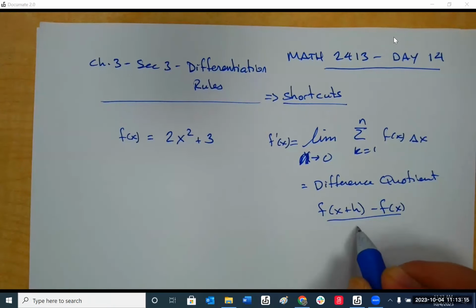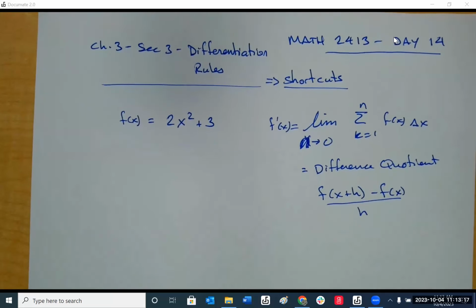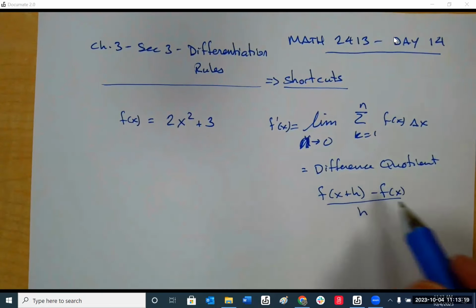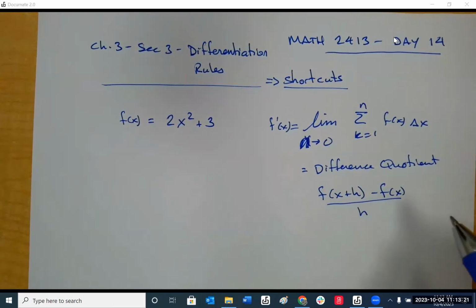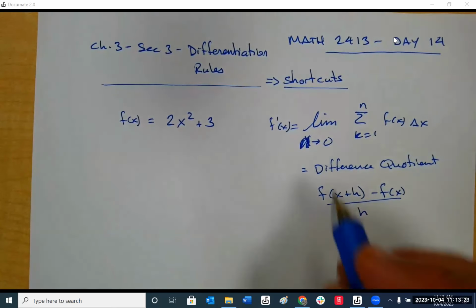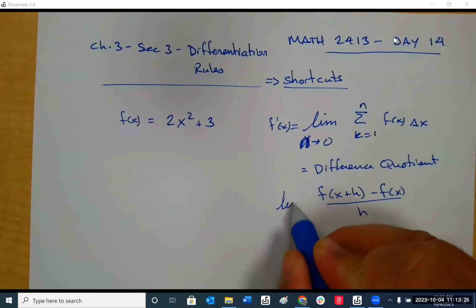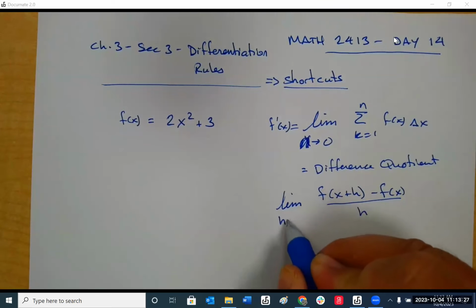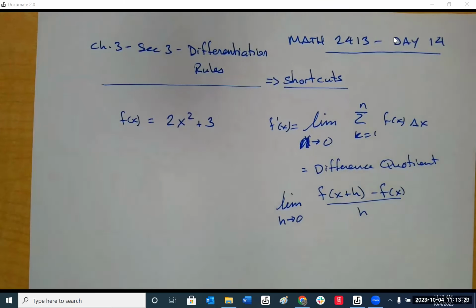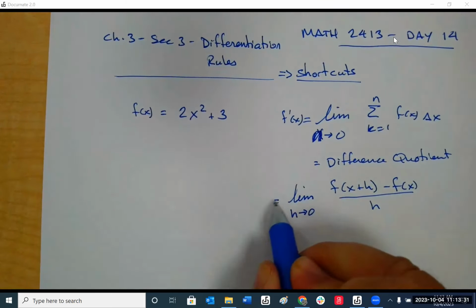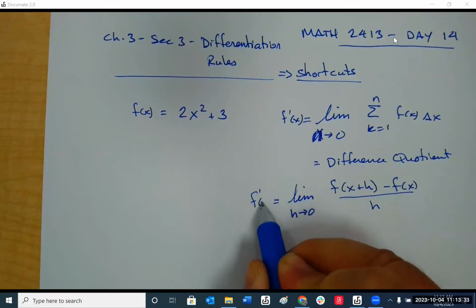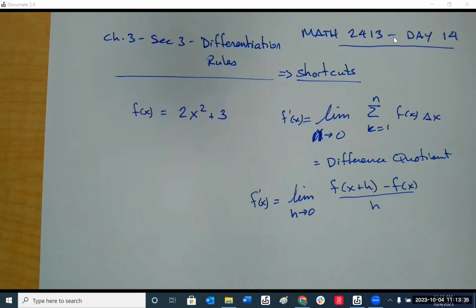This got a little bit easier because the difference quotient finds the slope. But if we take the limit as h goes to 0, we just found the first derivative. The first derivative, in essence, is the slope.